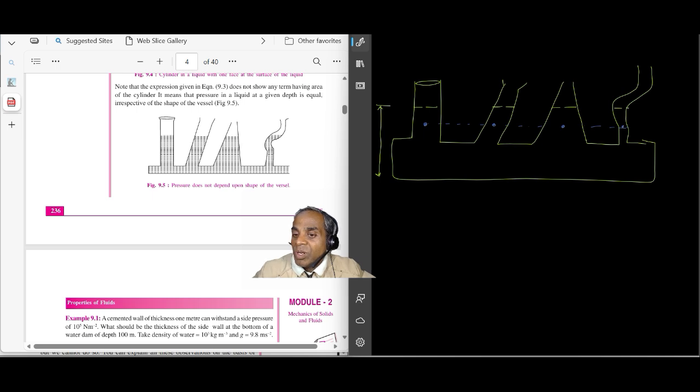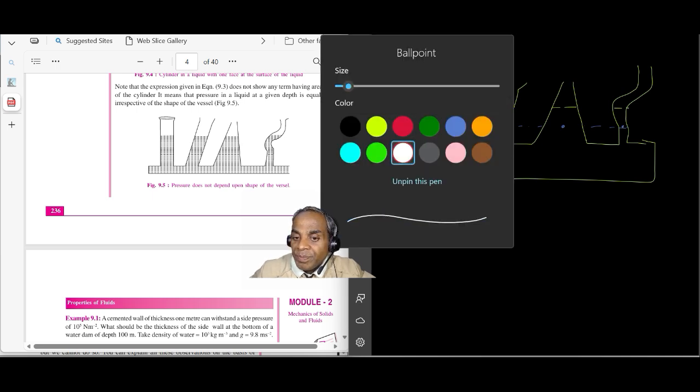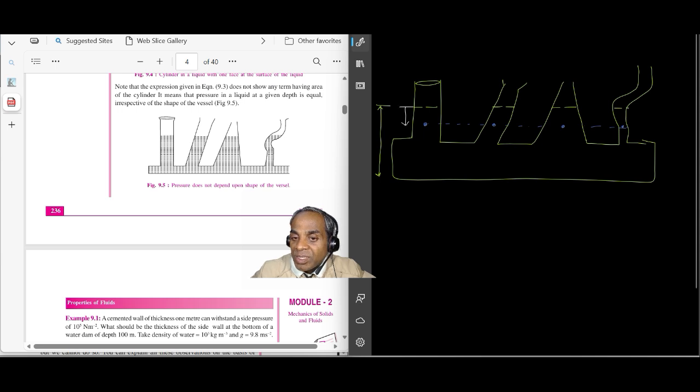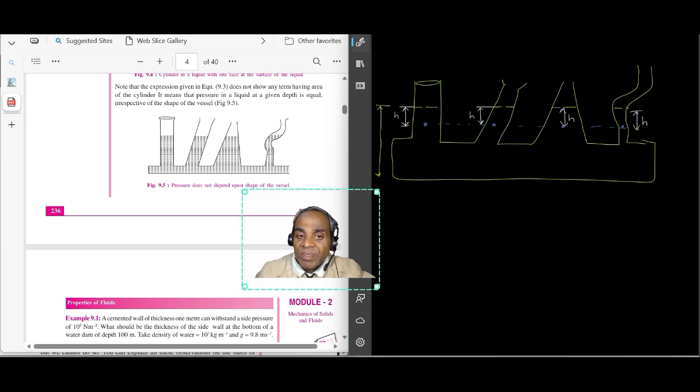So all we are interested in, in all these cases, is the depth or height h from the surface, irrespective of the shape of the vessel. This is the same height because they are at the same horizontal level. So pressure at any point inside a liquid at the same horizontal level is the same. It doesn't depend on the shape of the vessel, and that is a very good property, right?